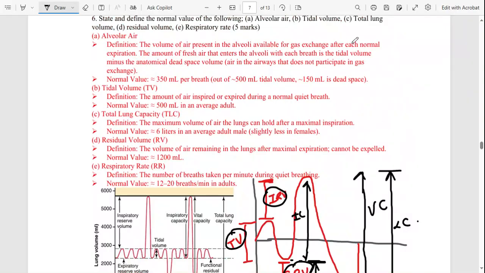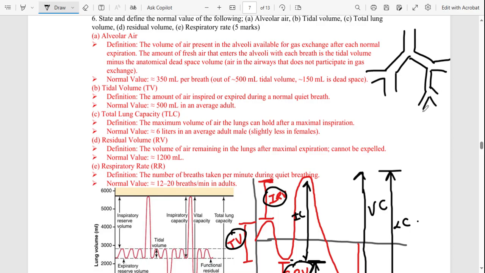So the alveolar air is basically the amount of air that is going to be in the lungs for gaseous exchange. Because when you are breathing in, not all the air, look at this, the respiratory tract is like this. You have got the trachea, the primary bronchi, the secondary ones, and then you are going to have the tertiary and such.